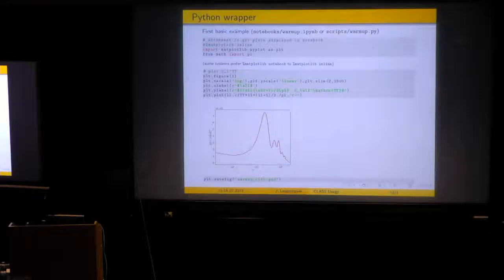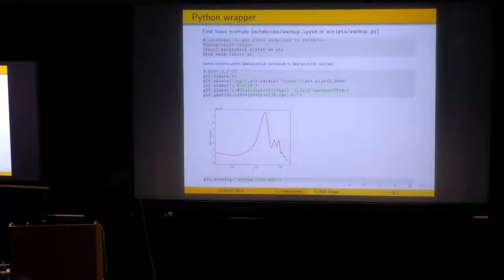Okay, in this cell, we are just trying to plot CLTT. So I declare a pyplot figure number 1, because maybe I will do other figures after, 2, 3, 4. And I want some log scale for X and some linear scale for Y. I want to be sure that my range is from 2 to the L max that I asked before. I give some nice name to the axis.